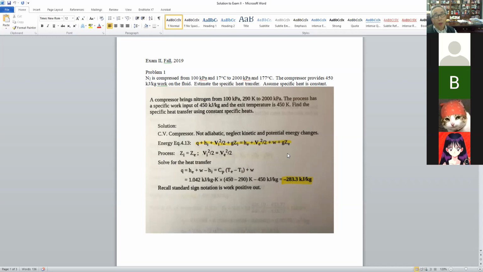The problem doesn't mention the velocity of the gas. The problem doesn't mention the elevation change. So these 4 terms associated with kinetic and the potential energies can be eliminated. So the first law reduced to this form.